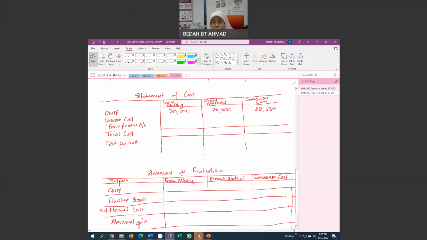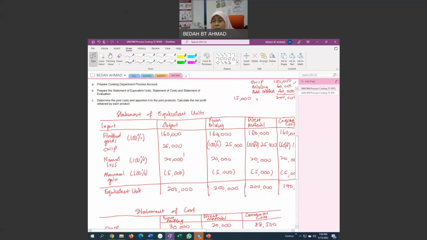We need to identify the cost for the opening work in progress and the current cost for the completed production for the current period, CPDP. That's why we differentiate the cost of OWIP, opening work in progress, from the current cost, which we may extract from the process account.